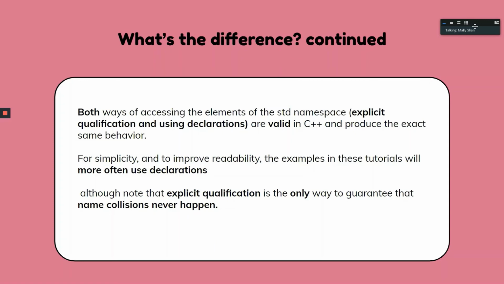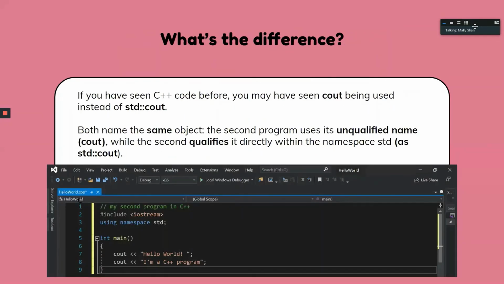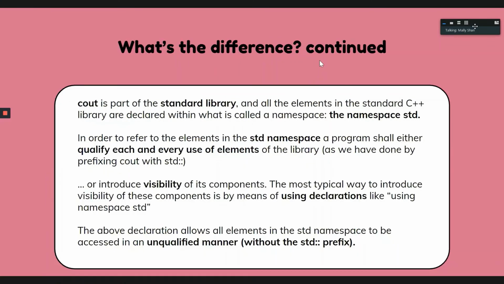So explicit qualification means that every time we write out std, the computer knows exactly what we're referring to. But when we don't have that, the computer gets confused and doesn't know exactly what it's pointing to, which right now doesn't matter, but later on becomes a problem. Let's look at what that would look like to the computer.